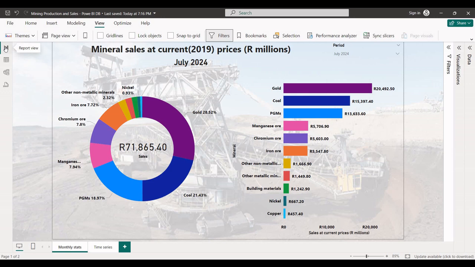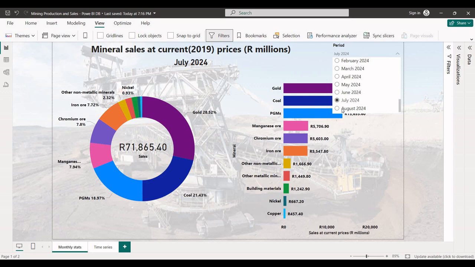And looking at the report view, here's the visualization. Mineral sales at current prices, that's 2019 prices in Rand millions. On the first page, we have monthly stats given by a donut chart, and on the side here, a horizontal bar graph with these linked to a date slicer, the period.